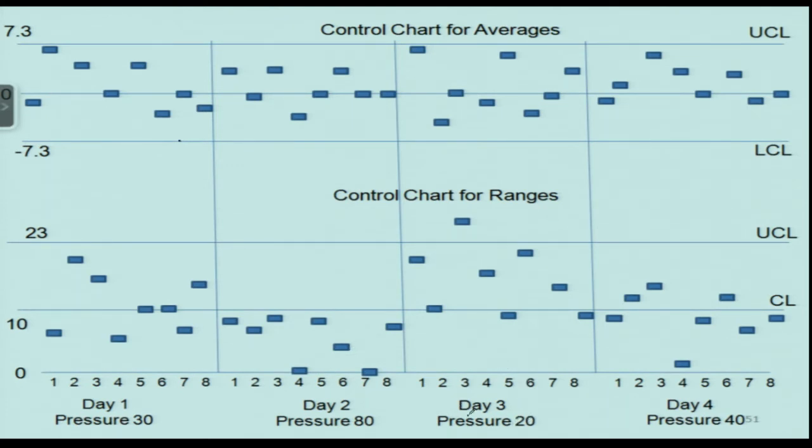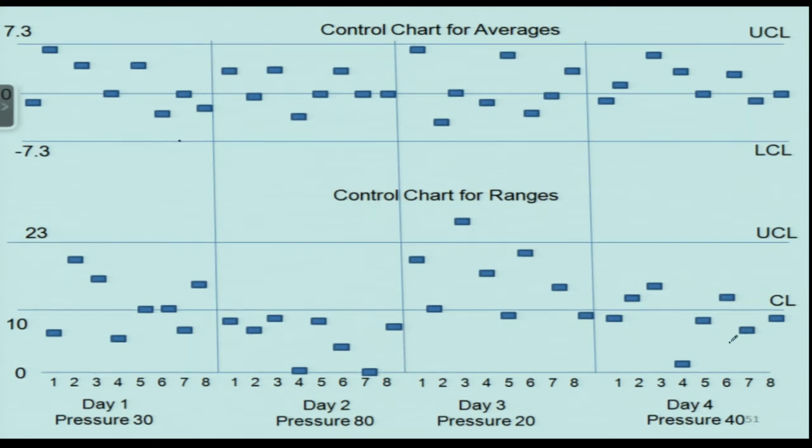Similarly, on day number 3, when the pressure is 20, most of the points seem to be in the region above the center line, and you also have 1 point that is out of control. This would tend to indicate that the clamp pressure does seem to have an effect.